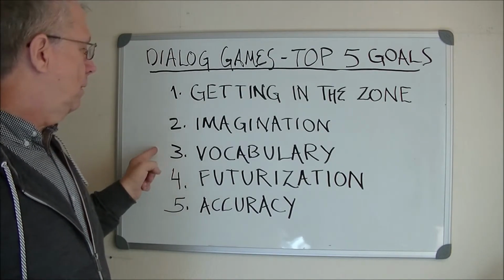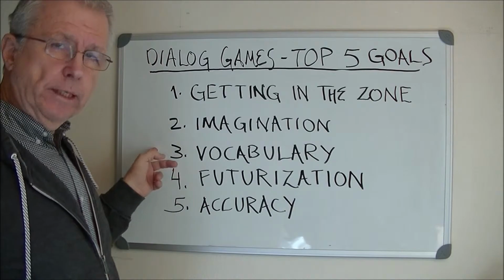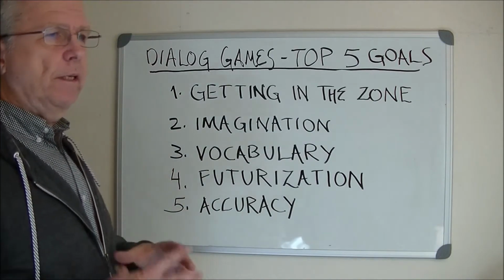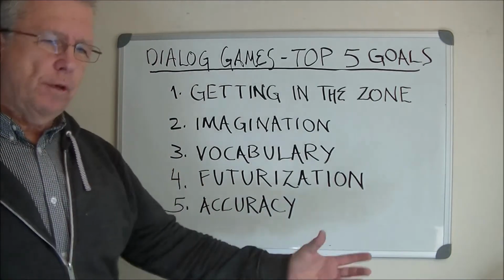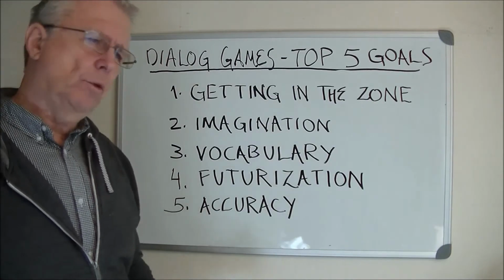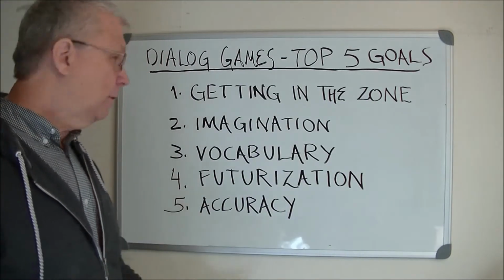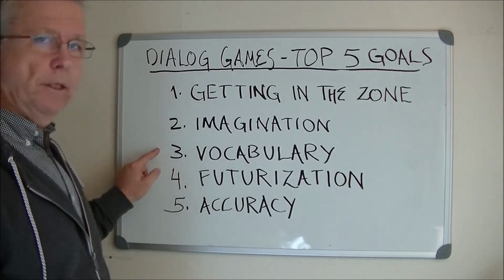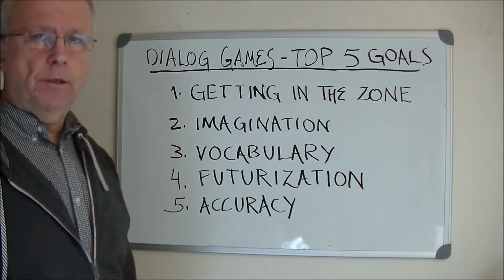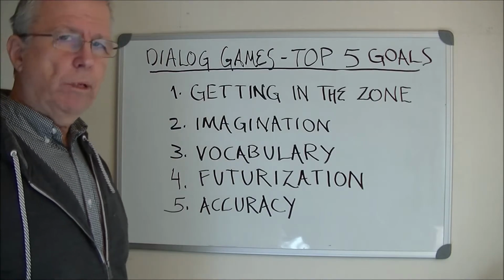Number 3, vocabulary. That's having a wide range of ideas ready-made to plug in or to plug in a variation of the idea. Vocabulary. Number 2, imagination, which goes along with playfulness.